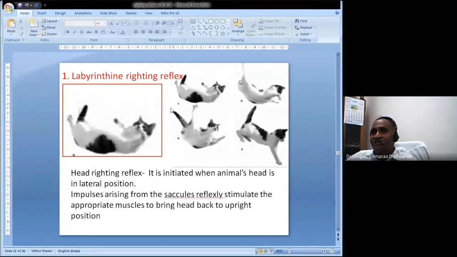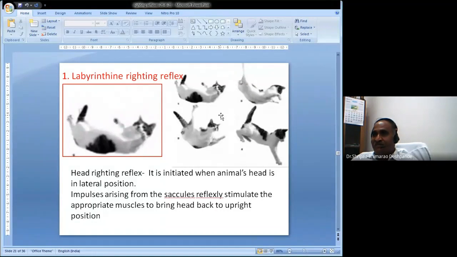Now, because the animal is falling, you can see this is the position. When it is falling down, the labyrinths, the saccules, and the gravitational activity here try to tilt. So it is initiated by the labyrinthine righting reflex, which will twist the head when the animal's head is in a lateral position.